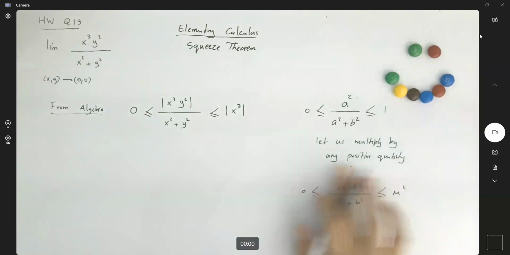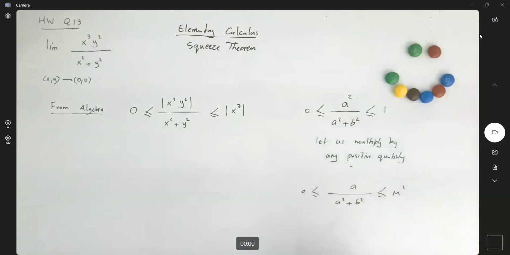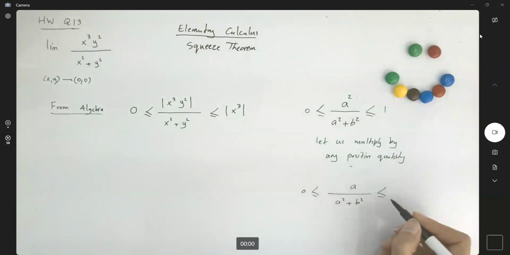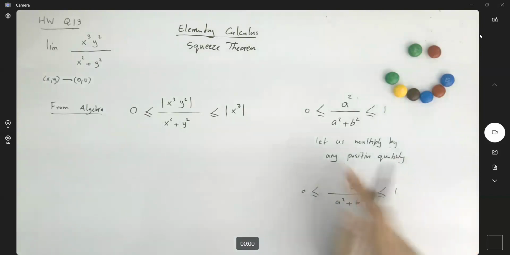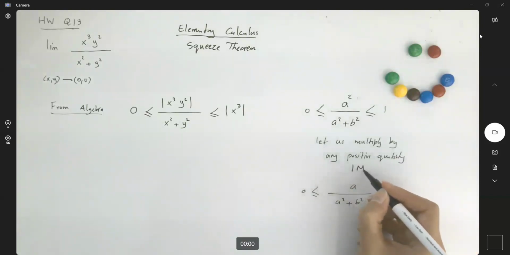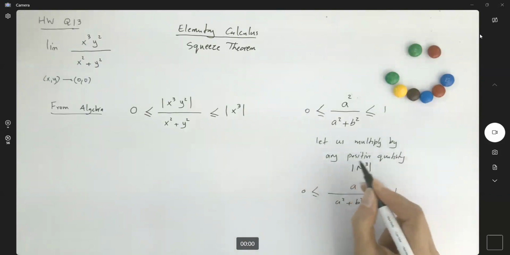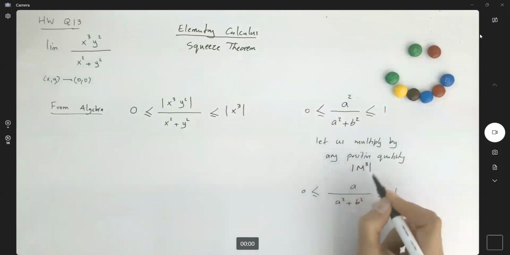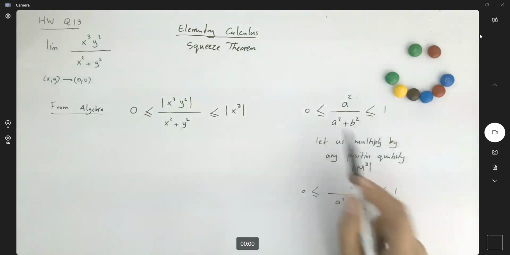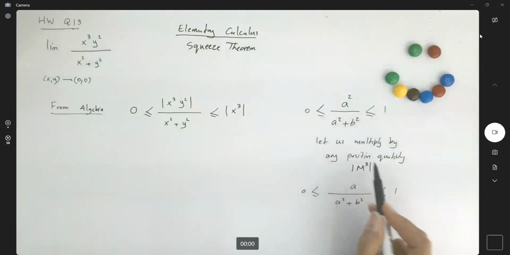So if I multiply this by the absolute value of m cubed, it makes me multiply my inequality by a positive quantity because of the absolute value.